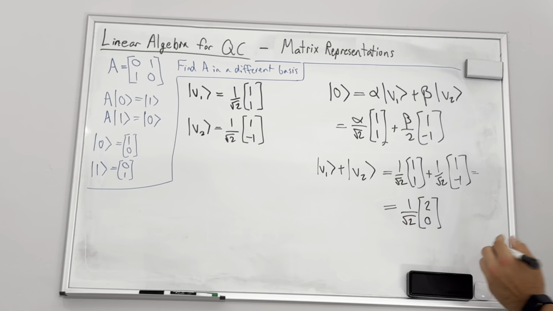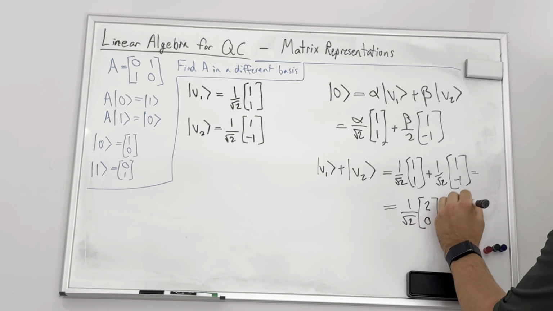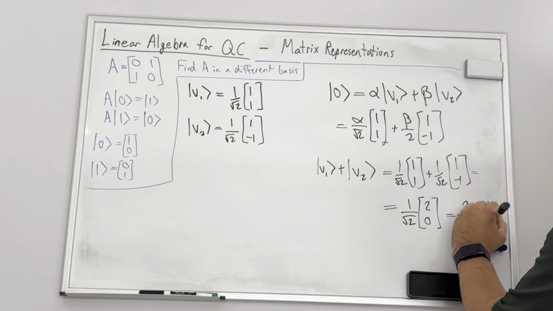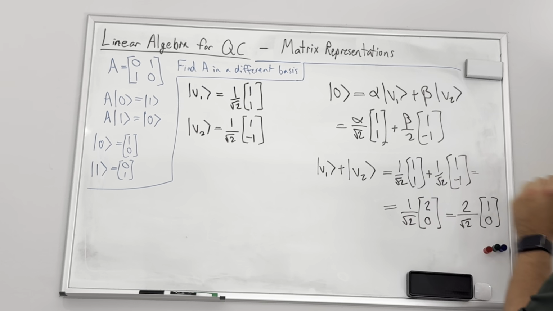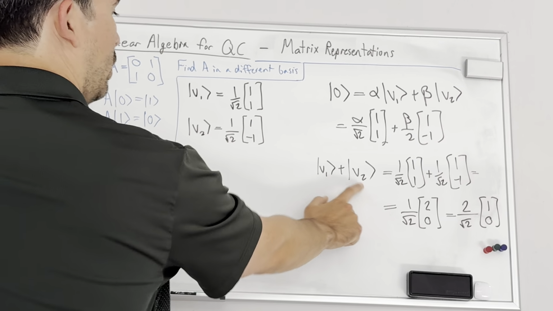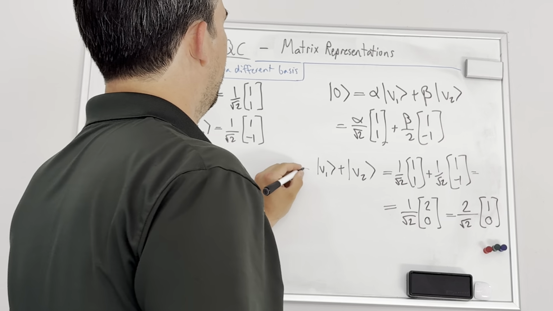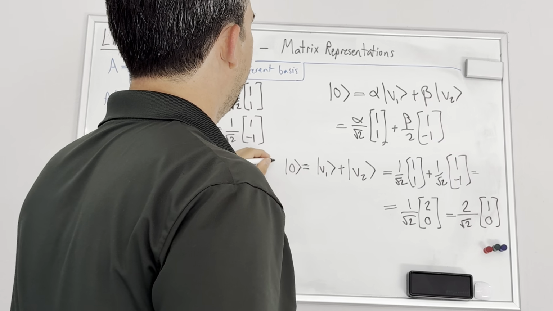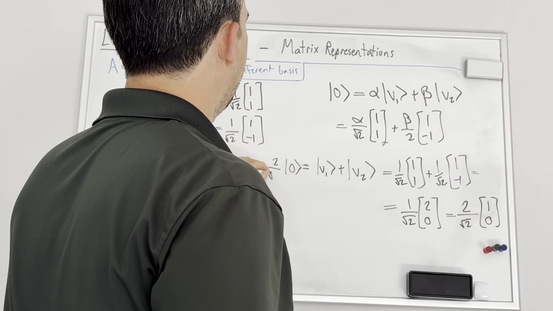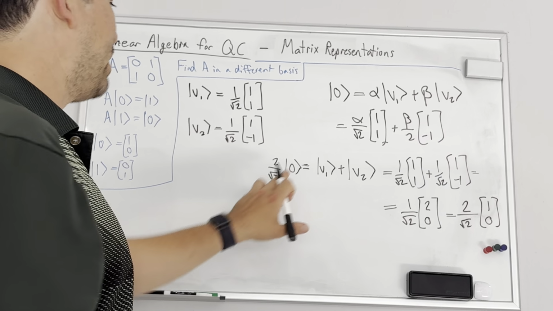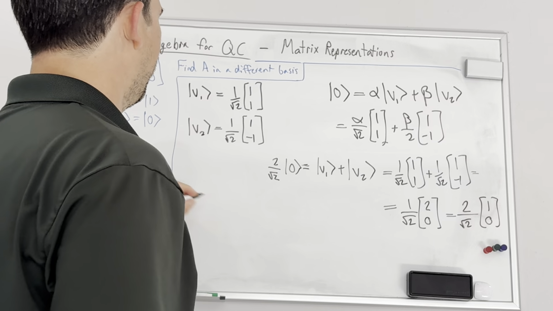And because I can pull a scalar out, I'm going to rewrite this as 2 over root 2 of 1, 0. In other words, v1 plus v2 is equal to the 0 vector multiplied by 2 over root 2. So I can rewrite this 0 vector just using some algebra.